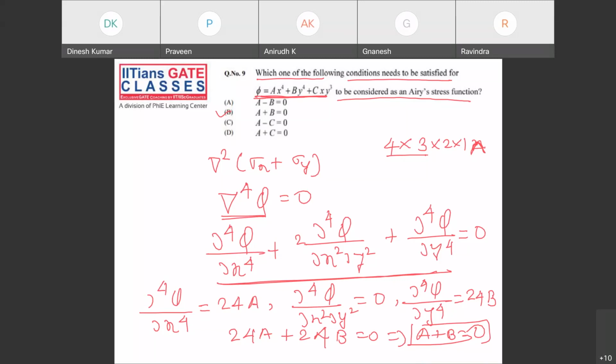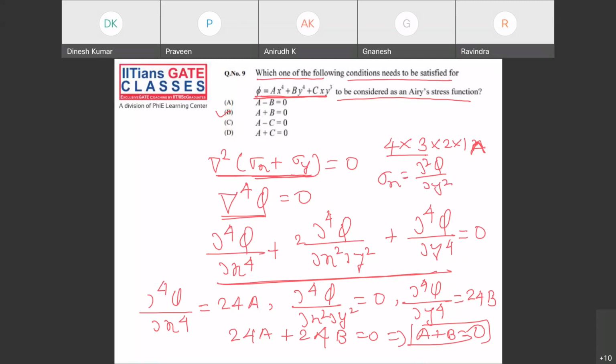Now this Airy stress function was given by an English mathematician, and it is in the absence of body forces. In the absence of body forces, your compatibility equation is this. In terms of the stresses, we know sigma x from the Airy stress function is dou square phi by dou y square.